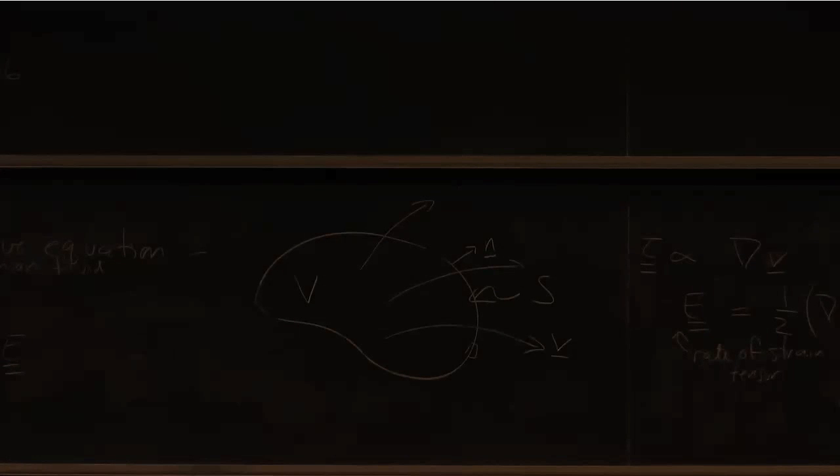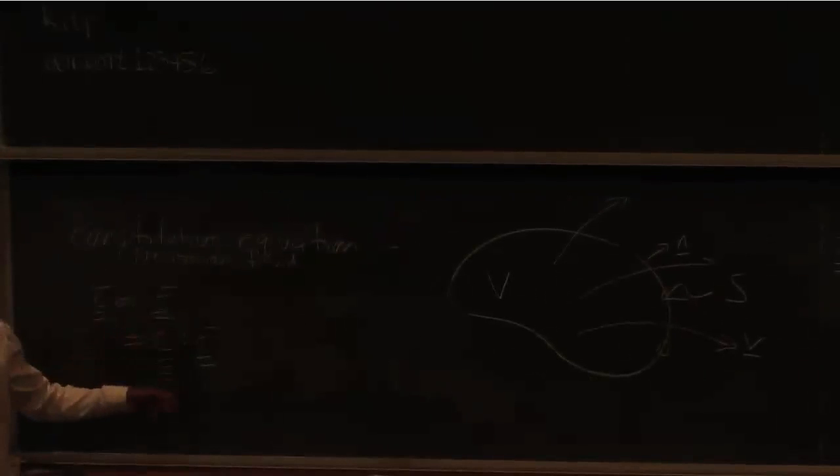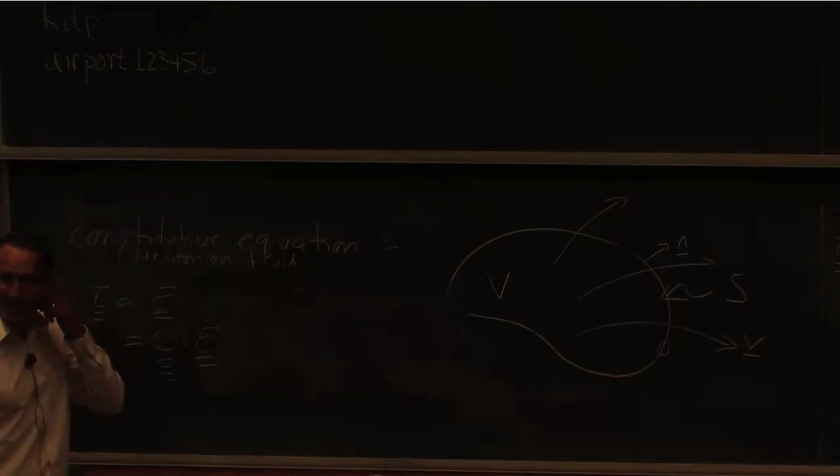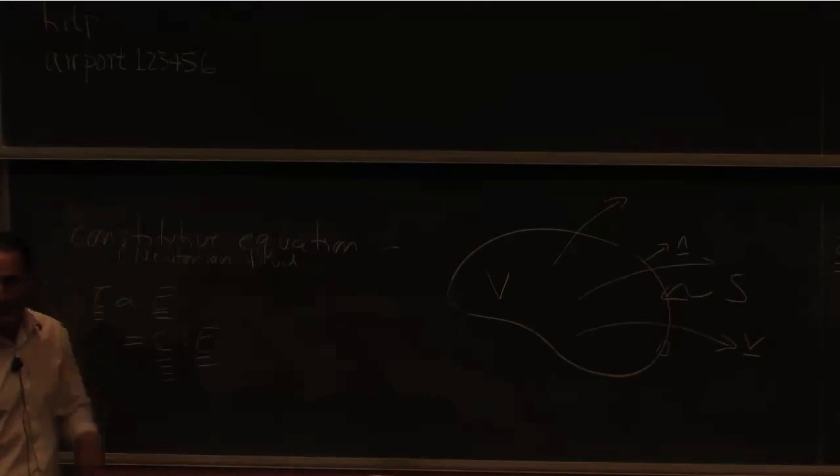The simplest linear relationship, it turns out, between two second-rank tensors involves a fourth-rank tensor. How many quantities are there in a fourth-rank tensor? 81. But the good thing is we don't have 81 parameters in this problem. For a variety of arguments that I'm not going to go through, and maybe the seismologist will, or not. You're just going to write it down? I'm just going to write it down too. How about that?